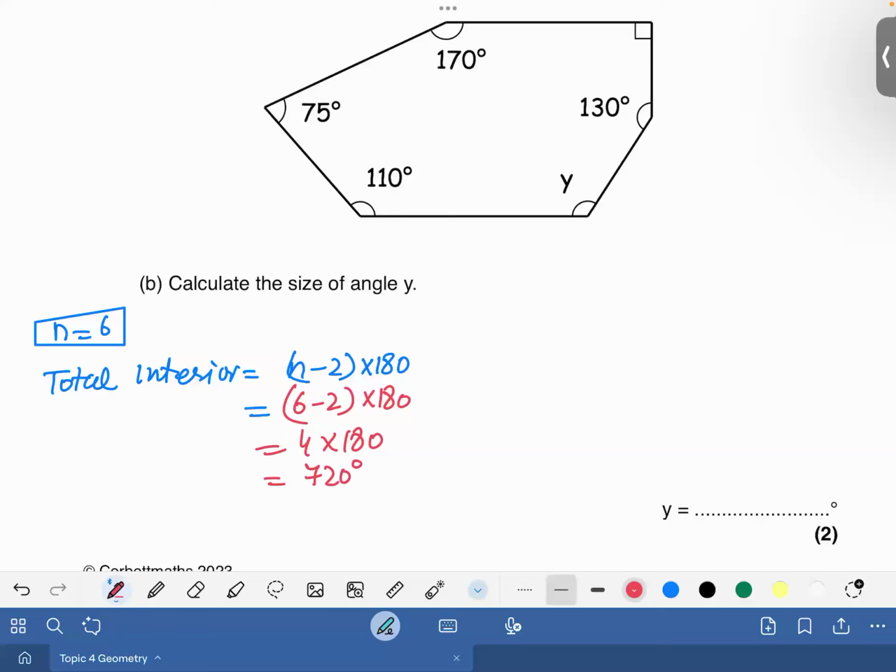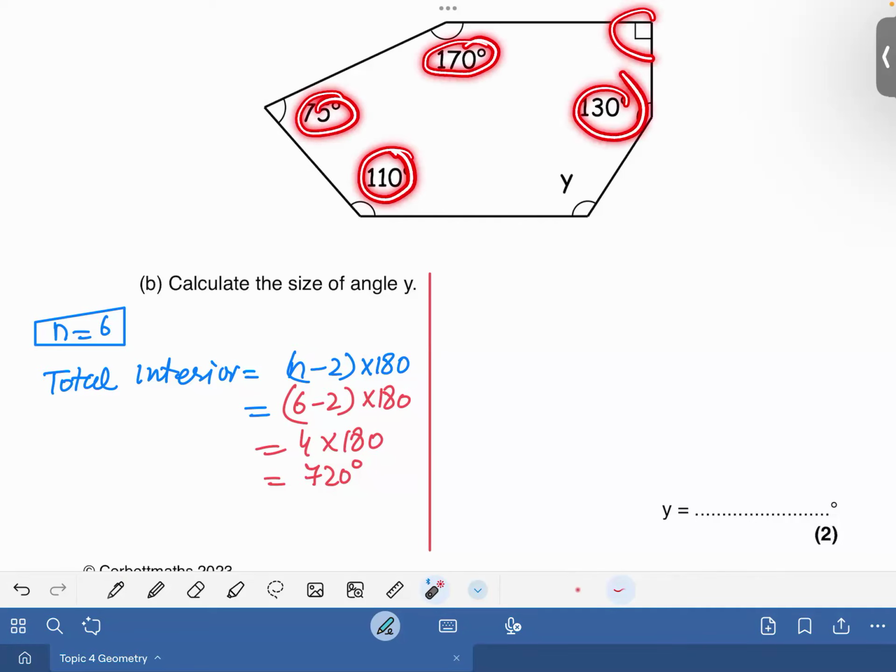Okay. So what you concluded here, Arsalan, is that the sum of all these angles should be equal to 720.